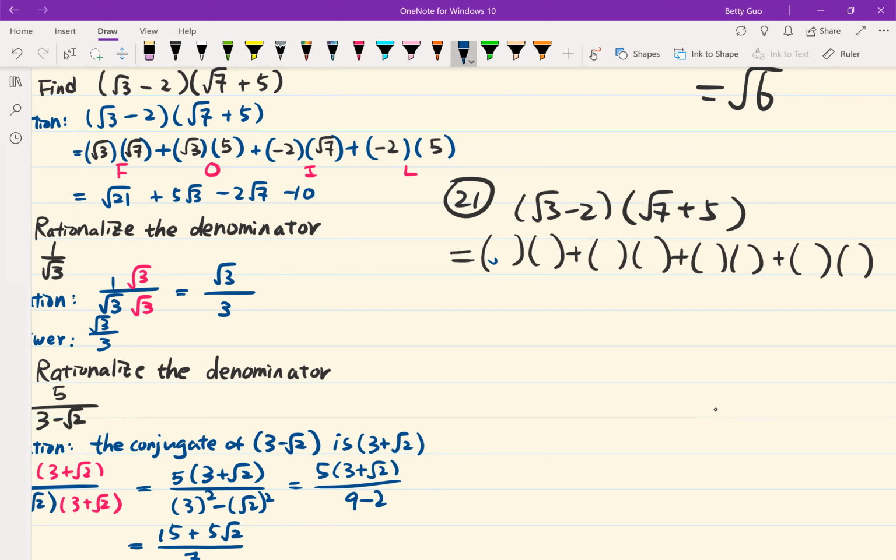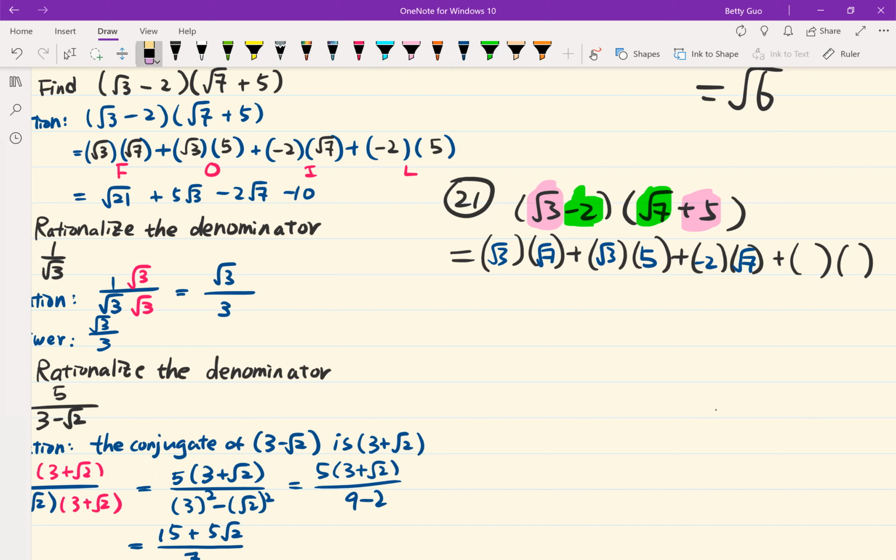First: root 3, root 7. We understand what is the first, right? The first terms in the two parentheses. Outside: those two terms are on the outside, so we have outside times outside, root 3 times 5. Inside: those two terms are on the inside, so inside times inside is -2 times root 7.